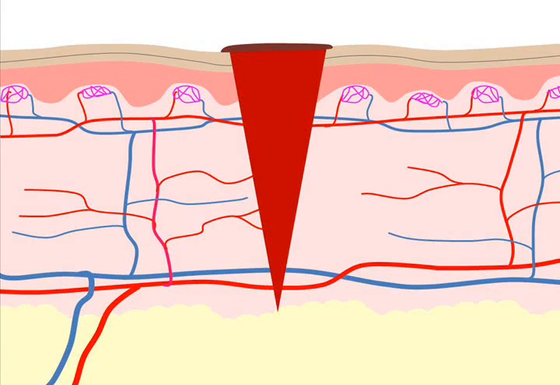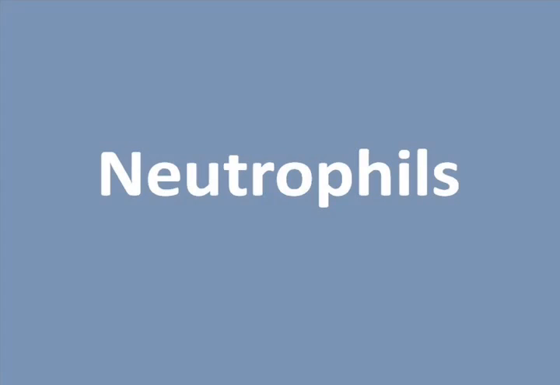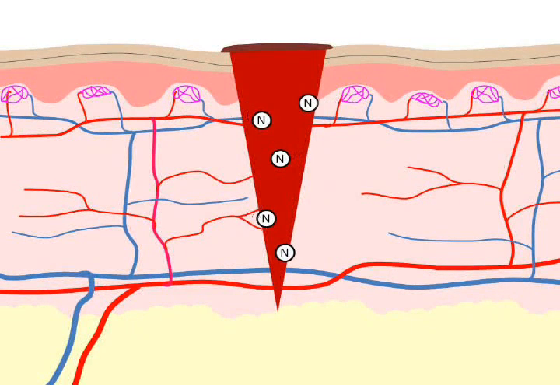During the first few days after the injury, the body tries to clean up the wound site. Bacteria, dirt, and damaged cells, as well as other types of debris, may be present in the wound. White blood cells called neutrophils migrate from the bloodstream through the tissue and into the wound. These cells begin to engulf and digest the contaminants.